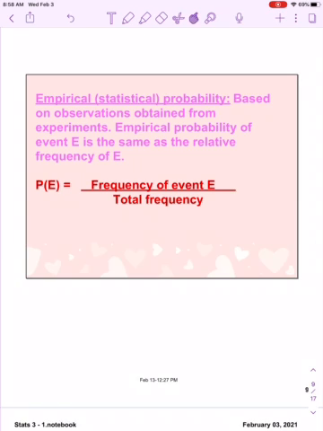All right, statistical probability, empirical probability, experimental probability, there are lots of different names for it. So you actually do something. Say you actually roll a die 17 times and you count how many 1s, 2s, 3s, 4s, 5s, and 6s you get out of those 17 times. You actually do it, based on observations obtained from experiments.